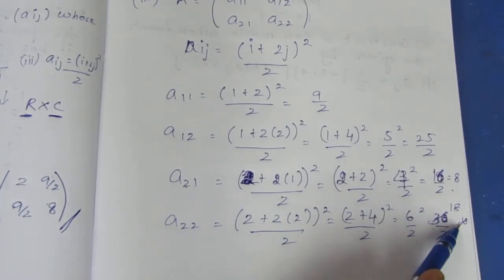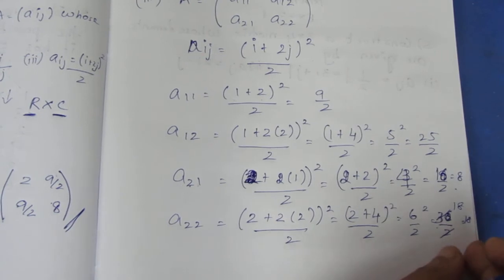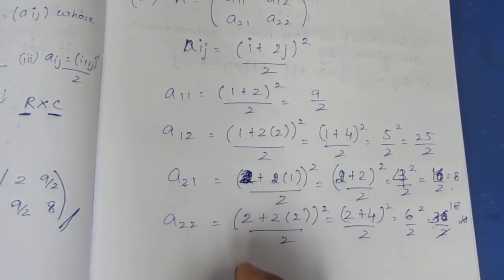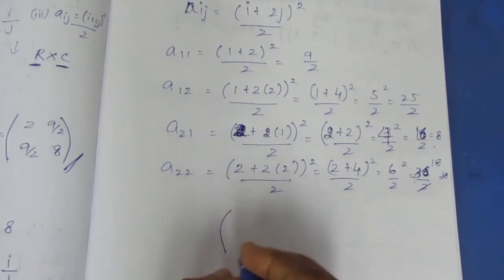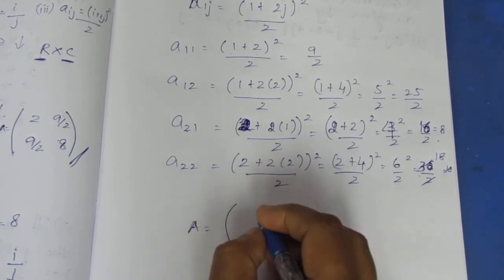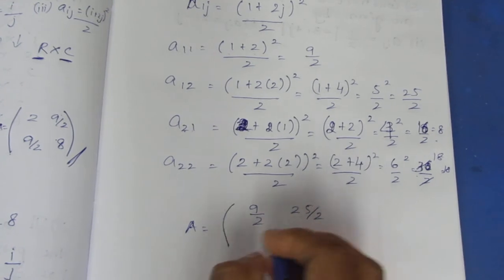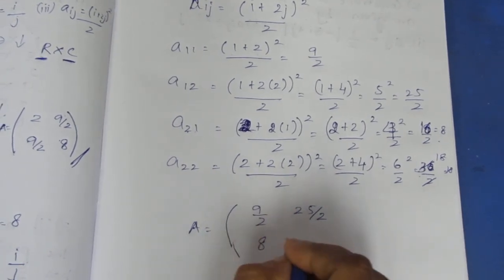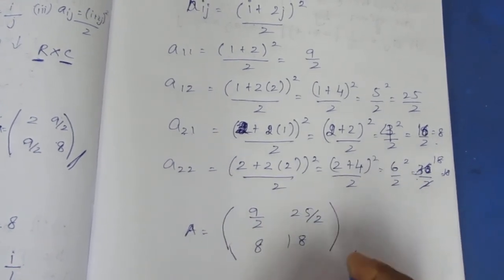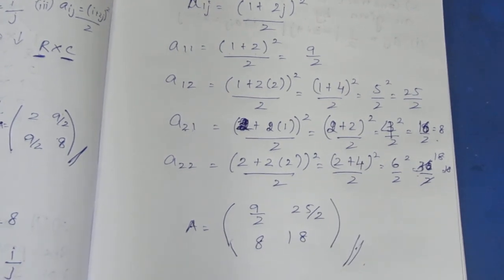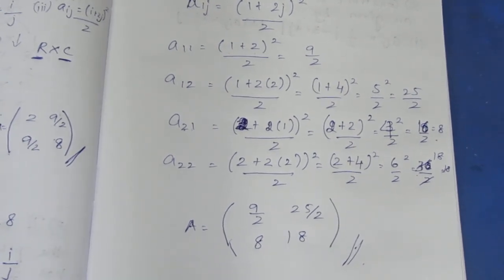I just cancelled it and written as 18. So I got 18 here. Now let me write it in the matrix. So A is equal to 9 by 2, 25 by 2, 8 and 18. So that's all with the third subdivision. This is the final answer for the third subdivision.